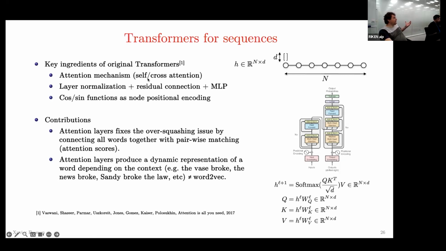And then this is not enough. If you only use that, your system will never work, right? It will collapse to the trivial solution. So you need something else, like layer normalization, because you want to control the range, residual connection for backpropagation, and an MLP just after the attention mechanism, which will give you a little bit, 2 to 5% better. And of course, you need to know which word is before which other word.